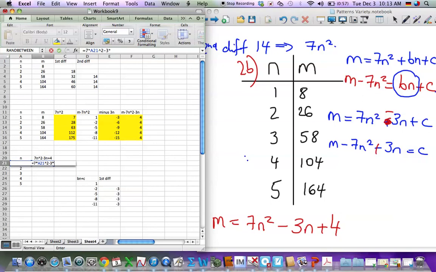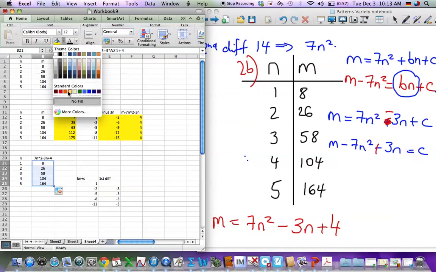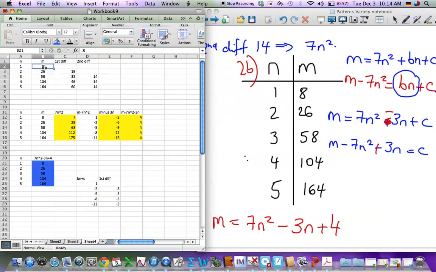It doesn't let me click on it, so I'm going to just type in A21 plus 4. I'm going to extend it, and if you notice, I get exactly the same as the numbers that were in the original table.